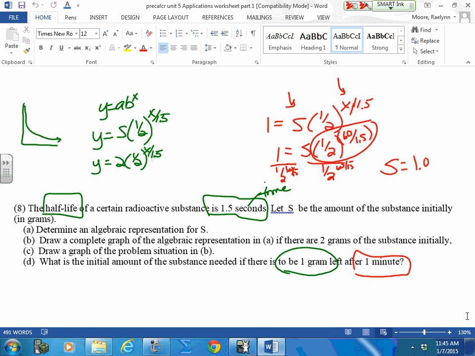It was a scientific notation number, E12 on the end of it. You started out with a lot. And you went 1 minute. Remember, this is half-lifing every 1.5 seconds. So if you're dealing with minutes, you have to convert.